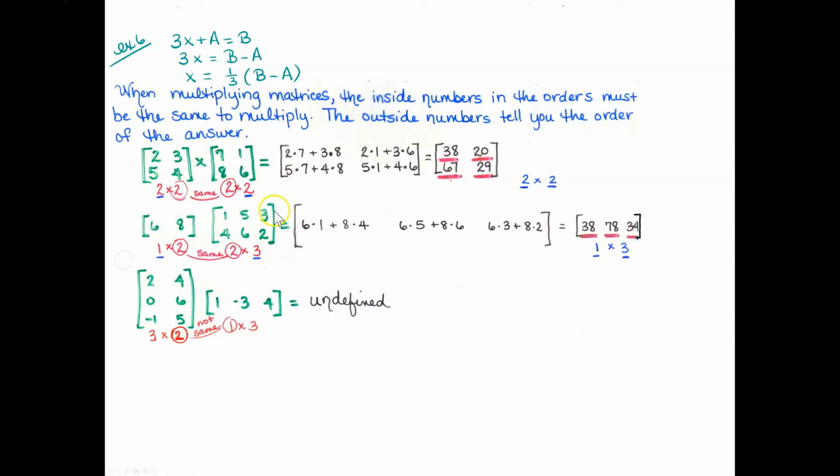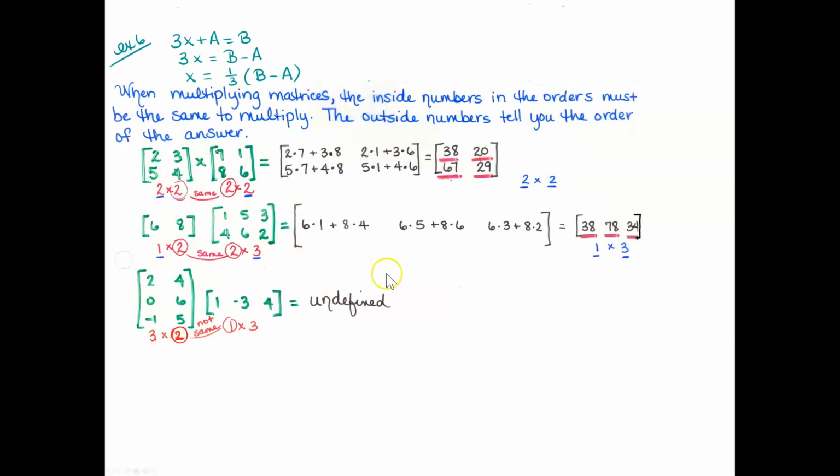All right. So then I want to find first row, second column. So what am I going to multiply? First row times second column. So I'm going to take 6, 8 times 5, 6. So I'm going to do 6 times 5 and 8 times 6 to get that 78.